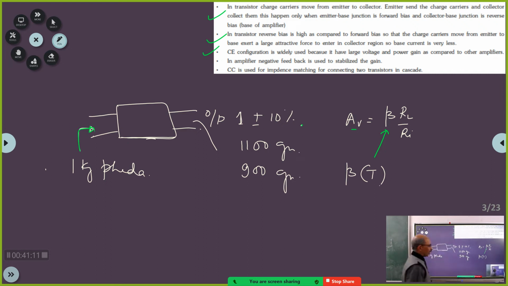Correct? Now, I don't want this. I want my output to be 1 plus or minus 1%.